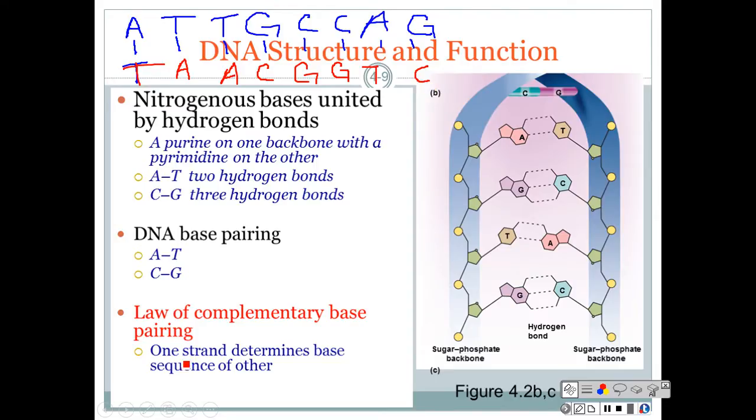So that is the rule when it comes to the law of complementary base pairing. You're able to determine what the second strand will be if you have the proper coding for the first strand.